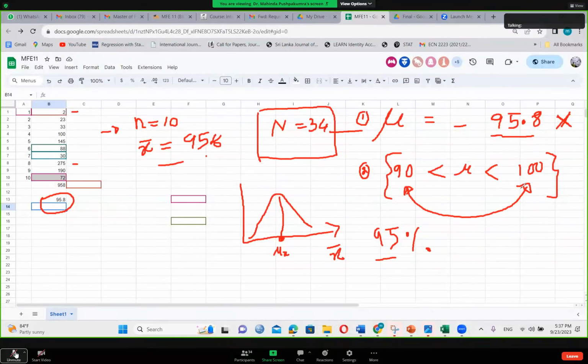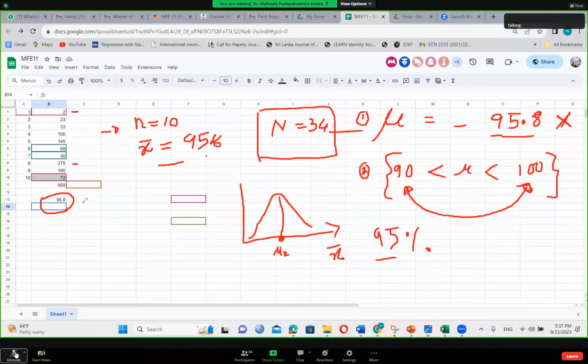Then why do we actually make a confidence interval? We want to make a conclusion related to the population based on our sample survey data. Because the objective of the research is not to make a statement only for the sample.